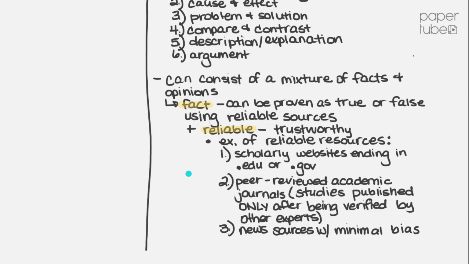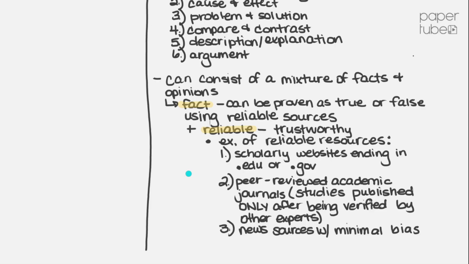So, to be clear, a fact is anything that can be proven as true or false by using reliable sources. Reliable means trustworthy. Okay, so here are some examples of reliable resources that you could use to make sure that a fact is actually true.